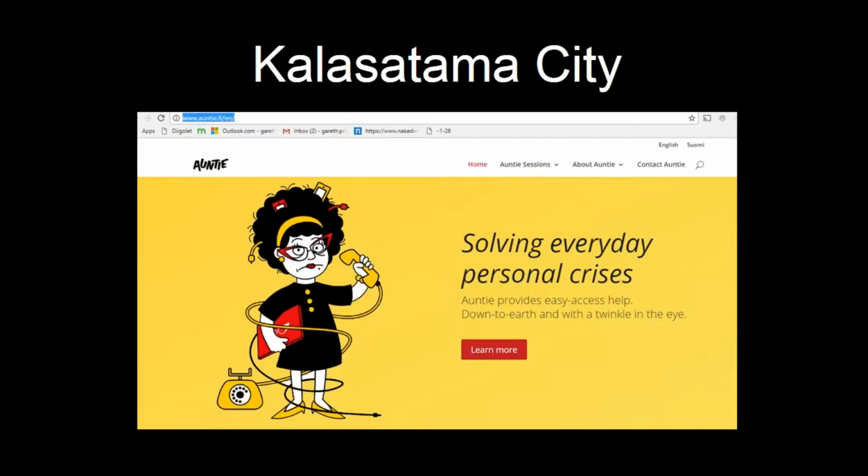And so they worked with a number of local businesses to develop this website around the concept of asking an auntie, telling you some answers for these little everyday personal crises. There were also other projects around developing communities of older people who would exercise and be physically active together, but all those things were driven off the needs of that community.